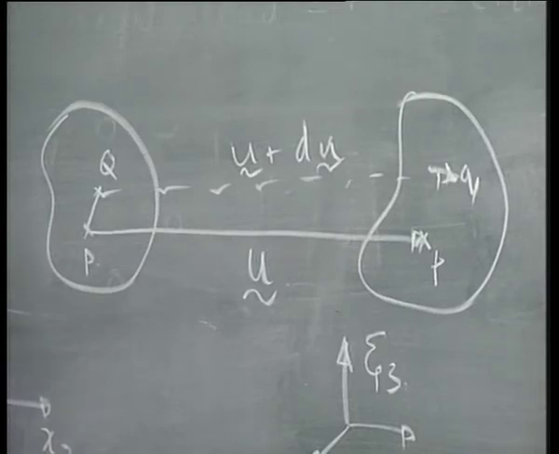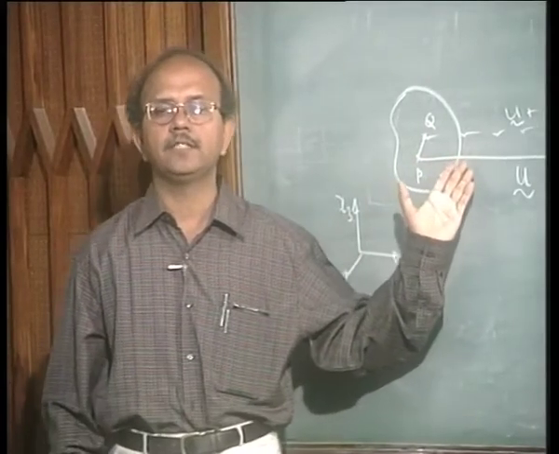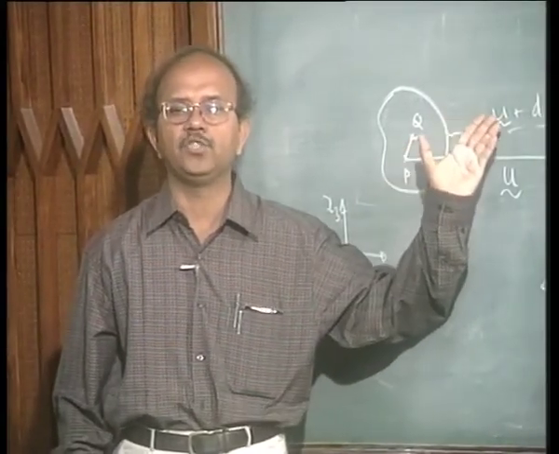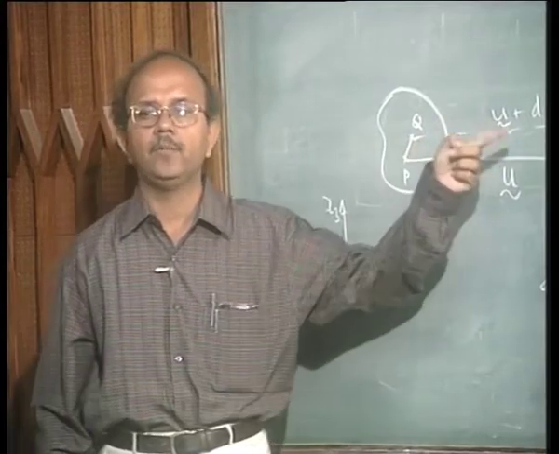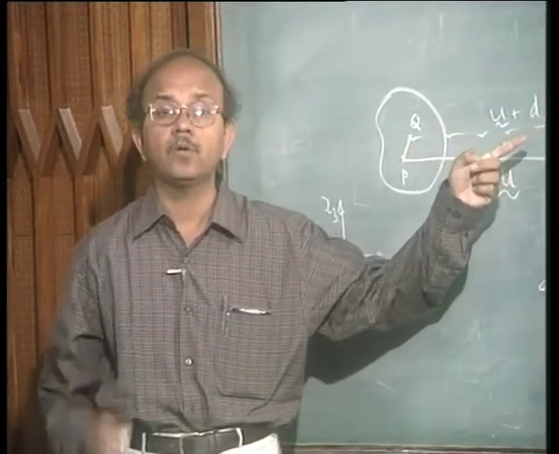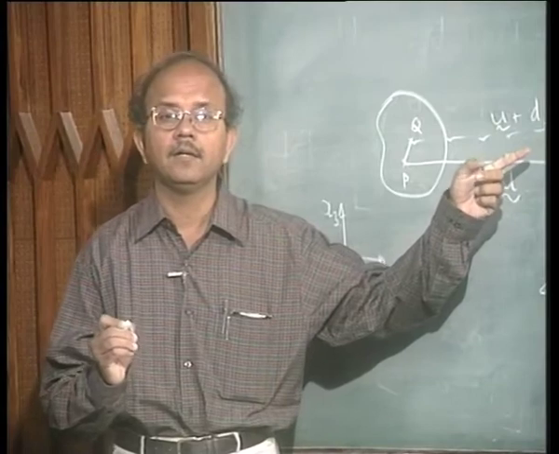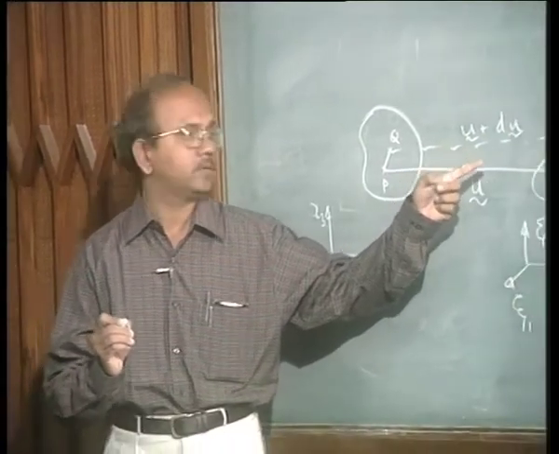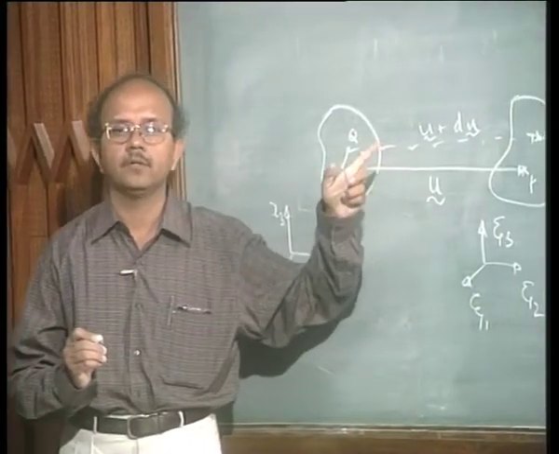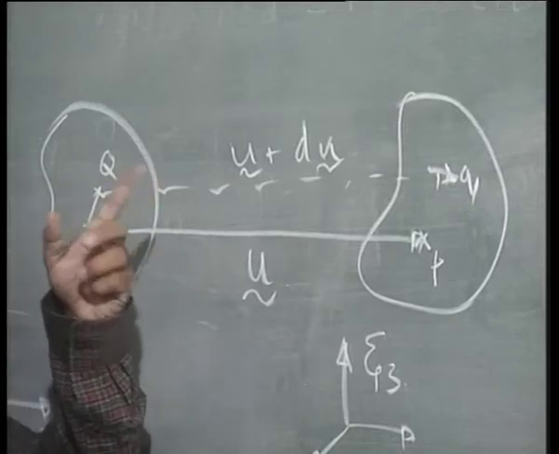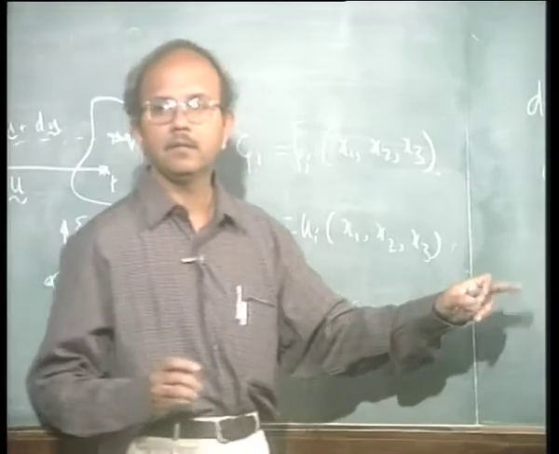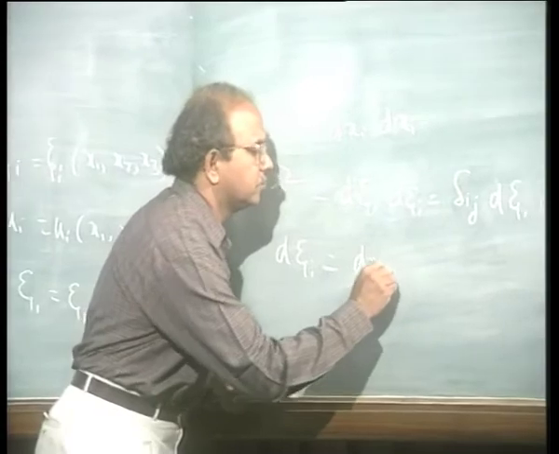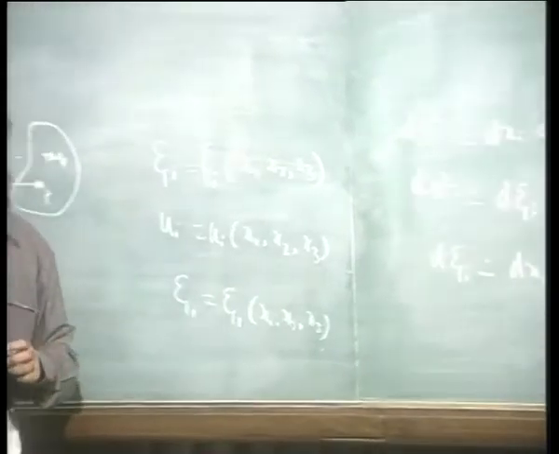If there is no change, that is du is equal to 0, what will happen? What will be the position of q, small q? Same. So, what do I write here? Oh, dxi, very good. So, the position will be the same.